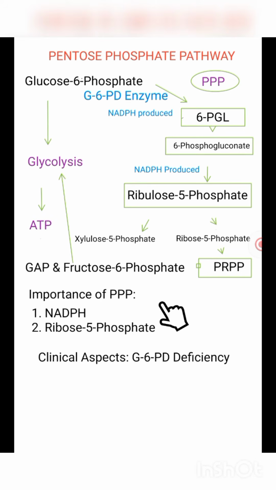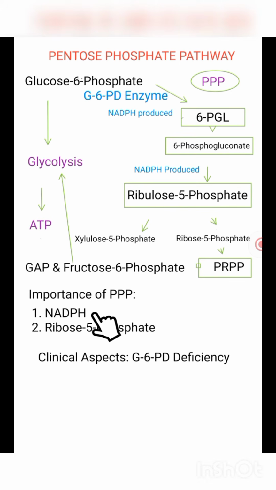So when you reduce glutathione, you are going to help the conversion of things like hydrogen peroxide, for instance, in the red blood cells to water, which is not as toxic as hydrogen peroxide. So that is one critical importance of NADPH. It is used in reducing oxidative stress by converting glutathione into its reduced form, which in turn will help in breaking down hydrogen peroxide to water.